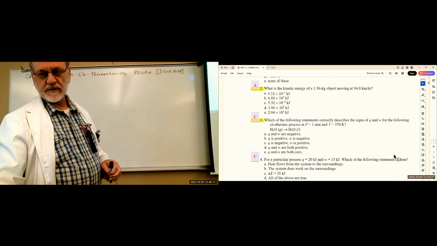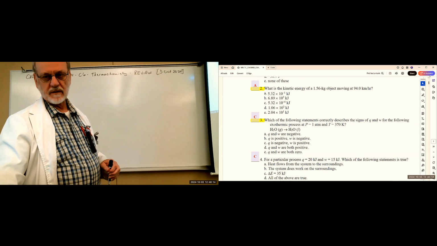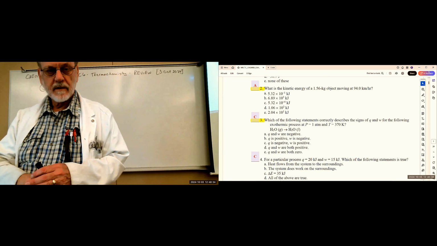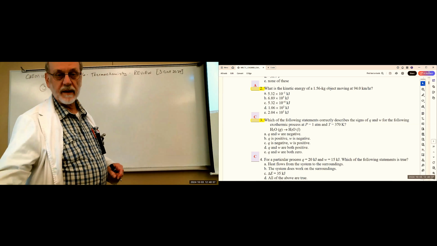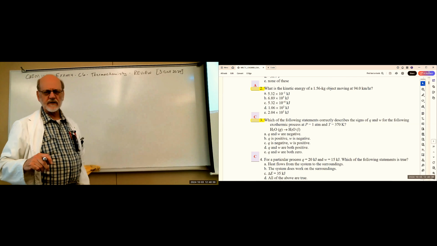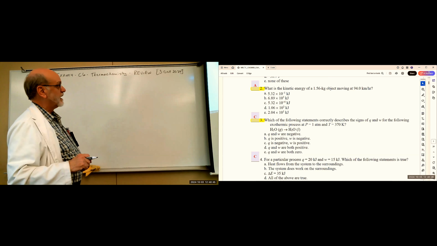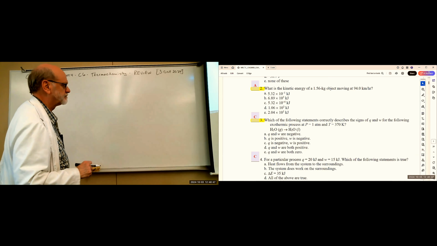Which of the following statements correctly describes the sign of Q and W for the following exothermic process?